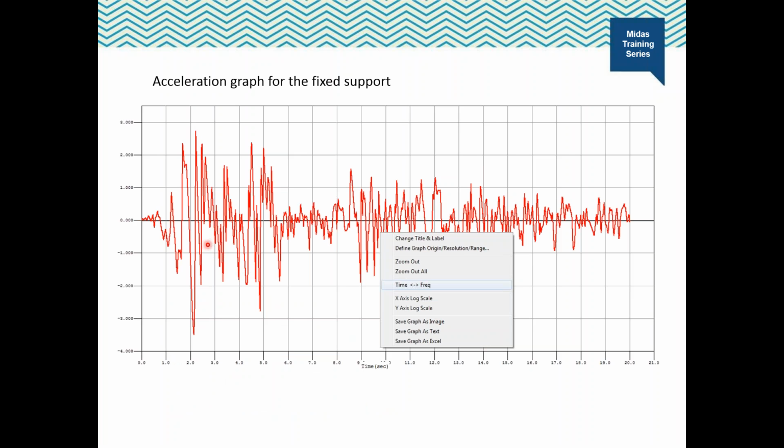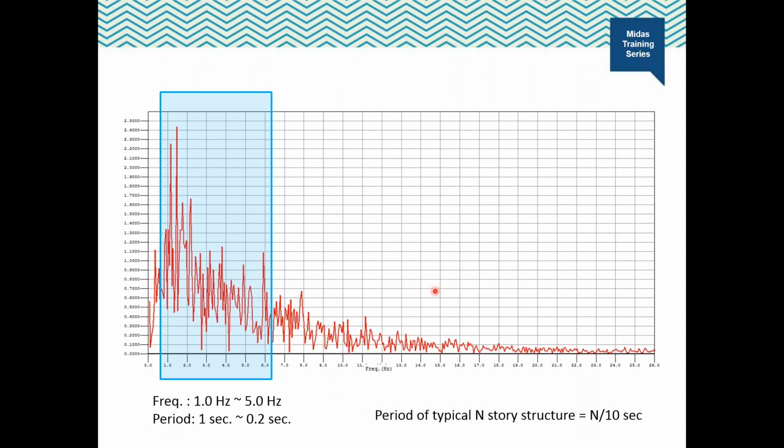From the acceleration graph, we convert this from time domain to frequency domain. In this graph, the horizontal axis is the frequency, and the vertical axis is the amplitude of waves.